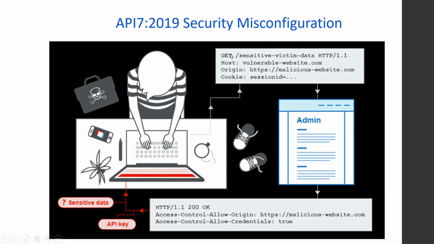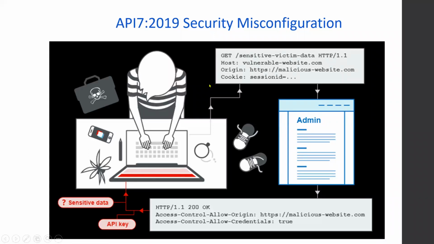So here you can see there is a GET request, which can be sensitive victim data, or /me. Host would be the vulnerable website, and the origin is malicious website.com. The cookies are automatically sent. Now, this would be crafted as an XHR in a CORS exploit and sent to the victim.